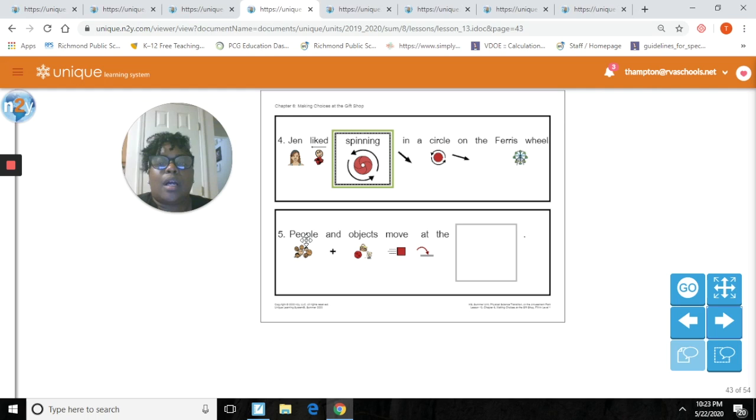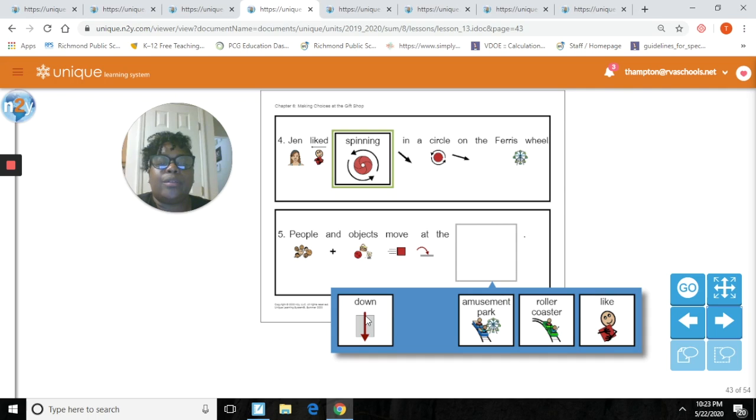All right. Number 5 says people and objects move at the blank. Down, amusement park, roller coaster, like. Make a choice.